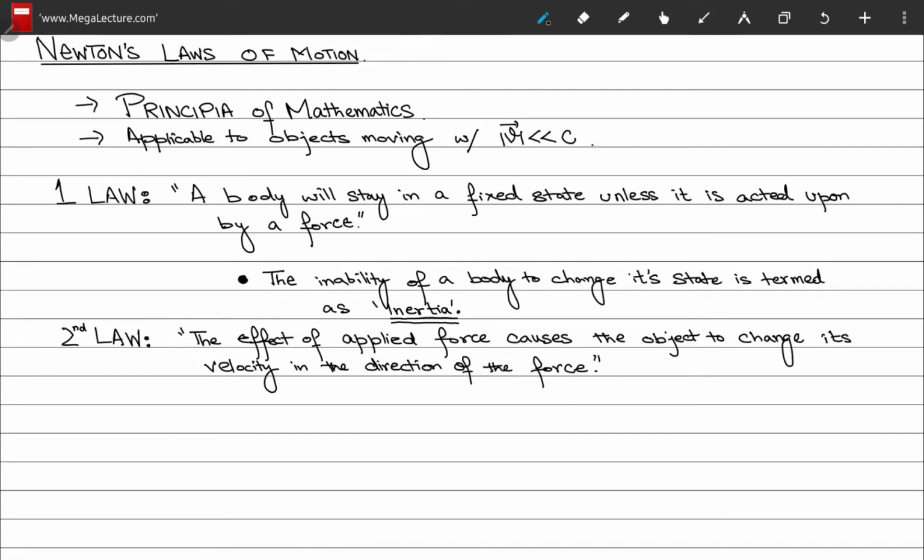Mathematically, it can be represented as force is equal to mass of the object times the change in velocity per unit time, right? But we know that change in velocity per unit time is just acceleration, and hence this law becomes F is equal to m times a.